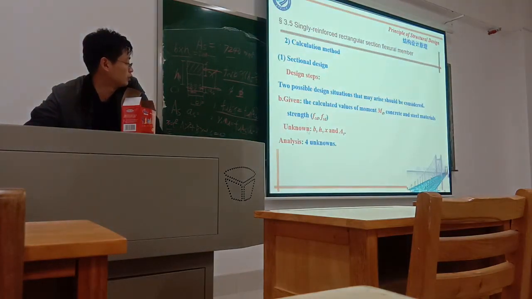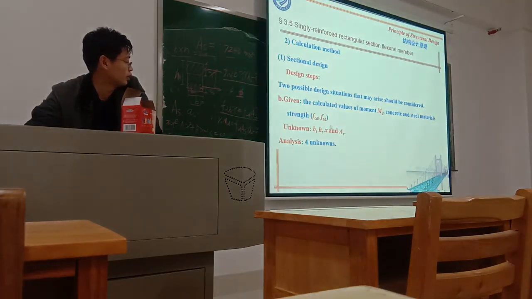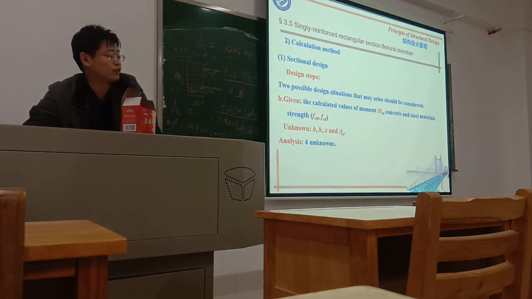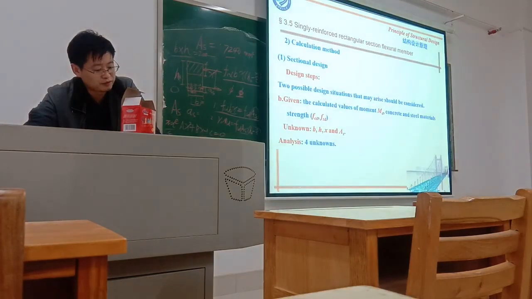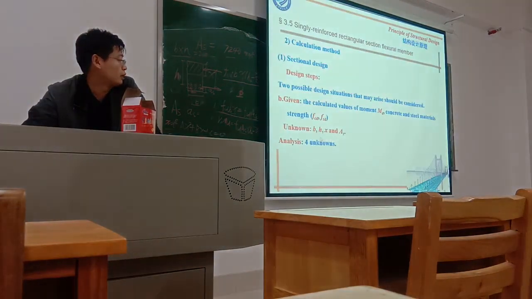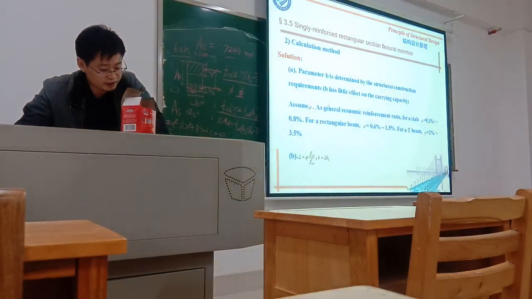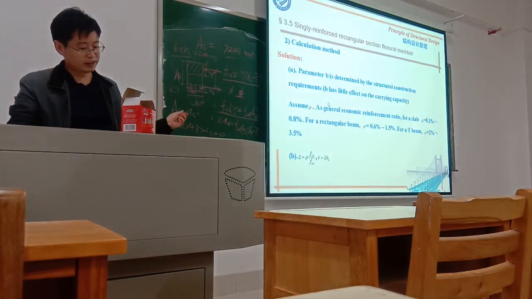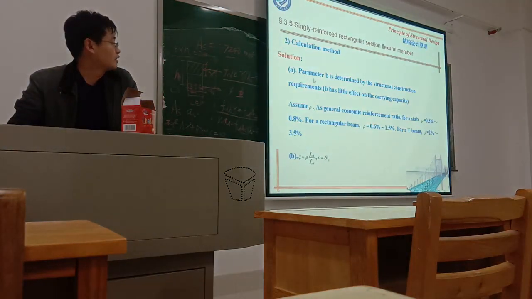This includes the size of the section, which you need to design yourself, and also calculating the area of the reinforcement. So now that means these 4 parameters you don't know. For this case, the section width B is defined by the structure construction.